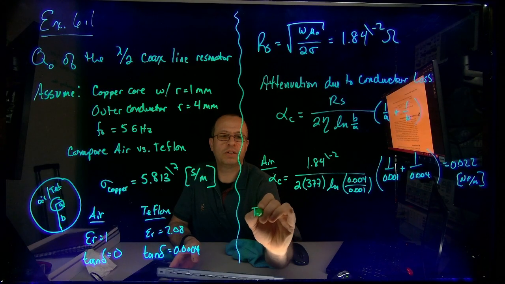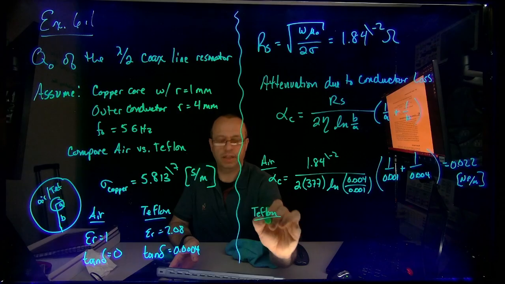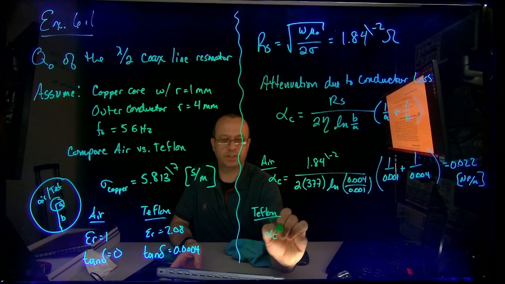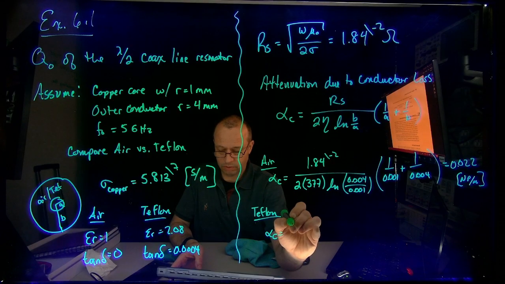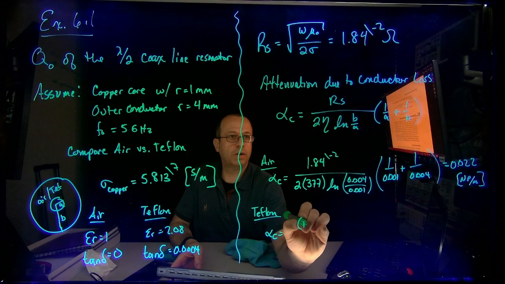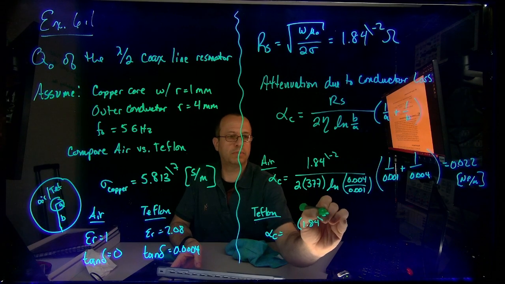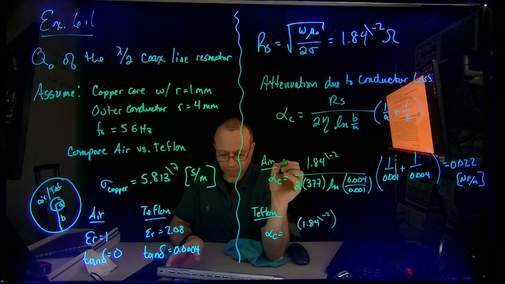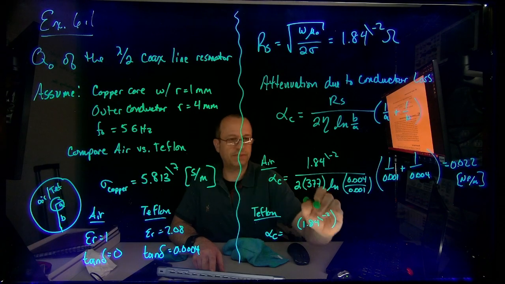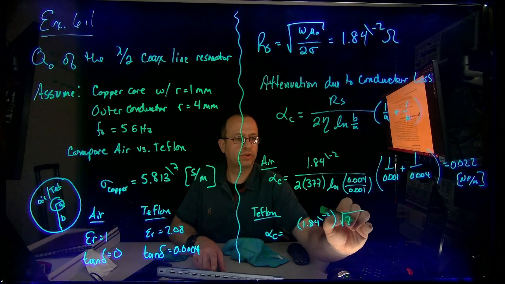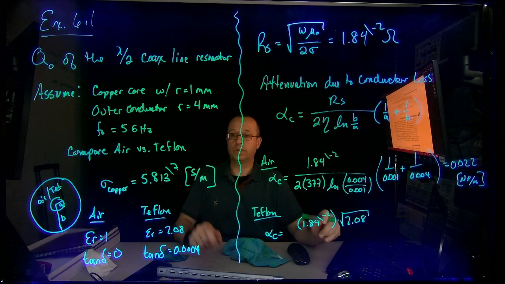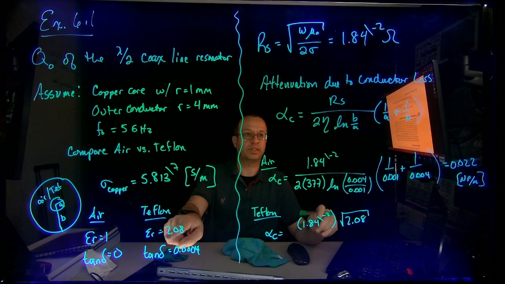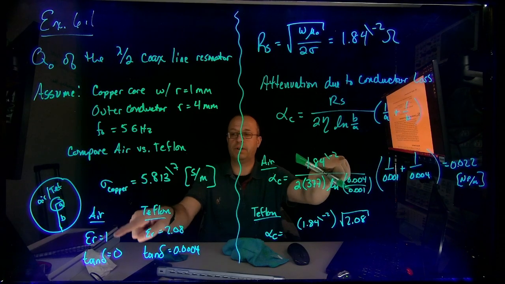And then we need to look at Teflon. And this one is alpha C equals 1.84 times 10 to the minus 2. And then for this, the Teflon has a 2.08, right? So that's my epsilon R. Remember, air has epsilon R of 1.